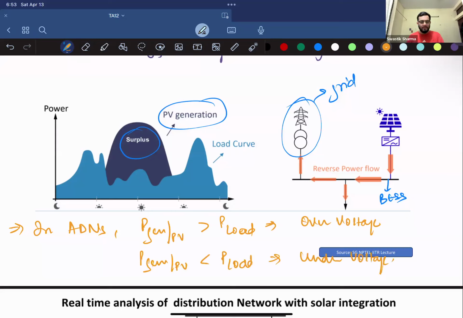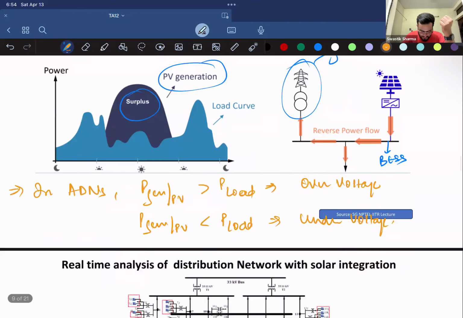To protect from this, your batteries could be used, which give you the power of voltage control, managing the intermittent and stochastic power generation, and other stuff, right?